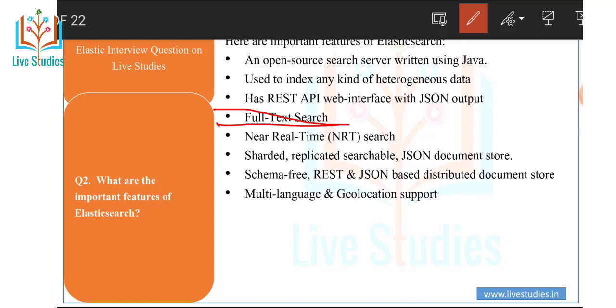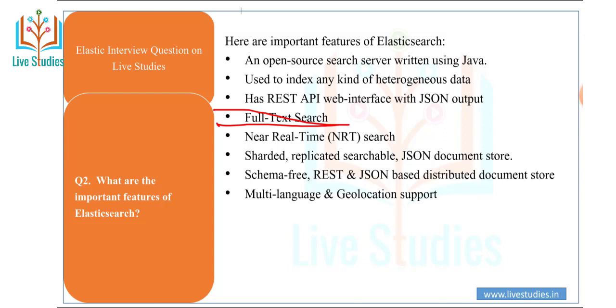Most companies also use it; you can search like Netflix, Amazon Prime. They are using Elasticsearch also. It is shared, replicated, a searchable JSON document store, schema free, a REST and JSON based distributed document store, with multi-language and geolocation support. Geolocation means Google provides geolocation, right?